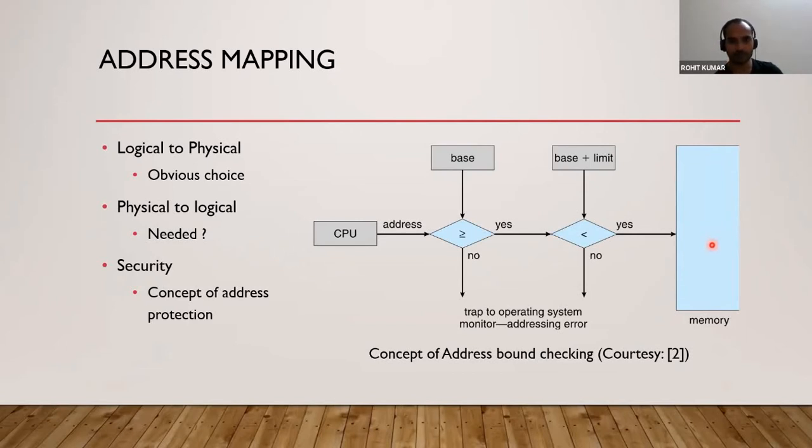So if you want to access the memory, you don't need to go to the CPU. You can access from here. So this sort of feasibility is not in the picture. You are not supposed to map physical to logical. You are only supposed to map logical.